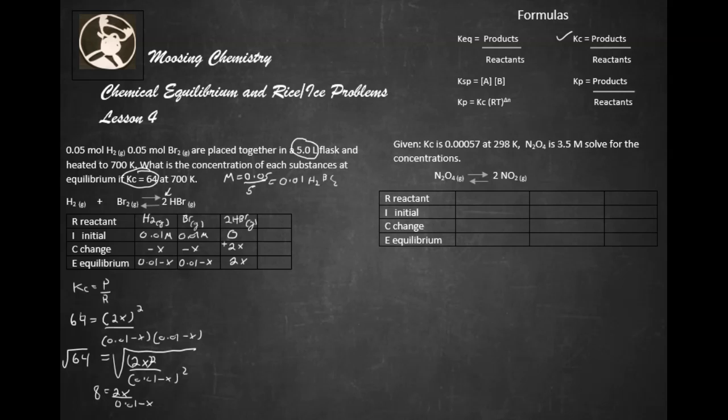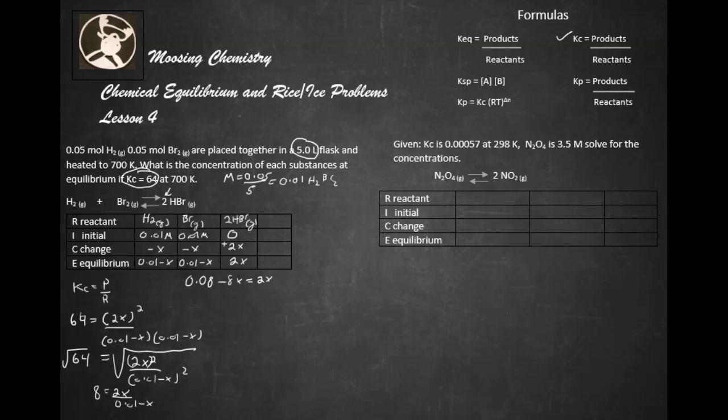When we put that together, we get 0.08 minus 8x, because we multiply that 8 by the 0.01 and x, equals 2x.